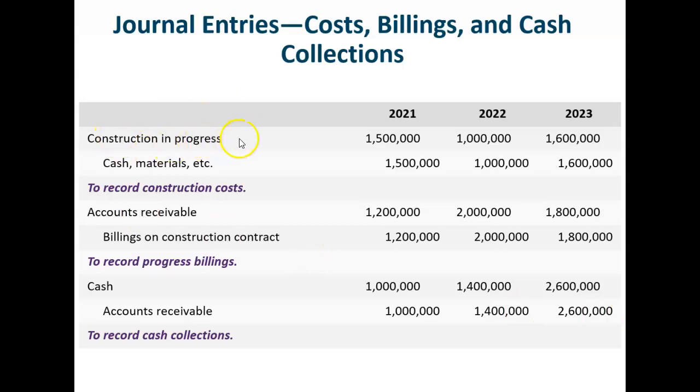So in each year, as the construction costs are incurred, Harding debits an asset account called construction in progress and credits cash or materials, etc. And over the 3-year period of time, the asset account, construction in progress, grew to a total of $4,100,000.